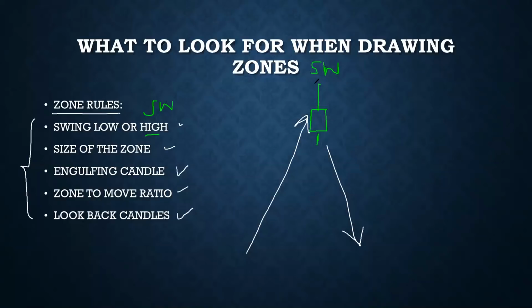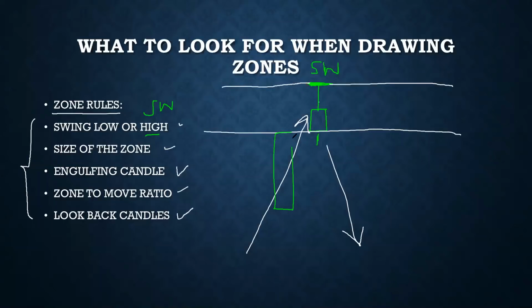What I'm drawing over here should be the highest point from the previous candles and the candles after forming after the zone. What I mean by that is when I draw this zone like this, these candles that were formed before, let me draw this for you. Now let's say there was a candle, these previous candles before.